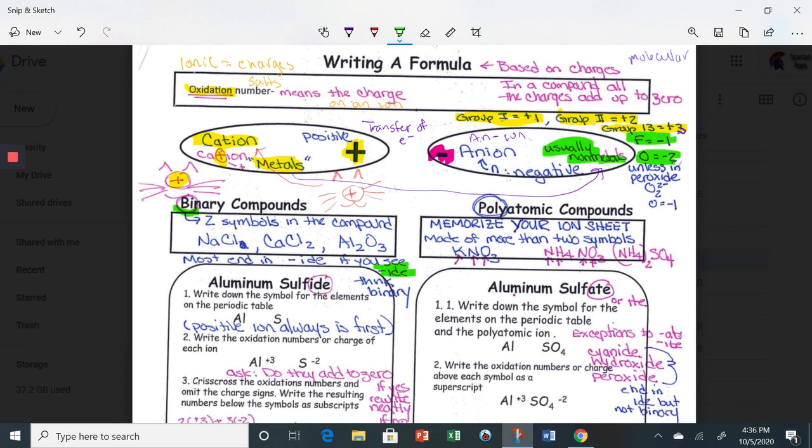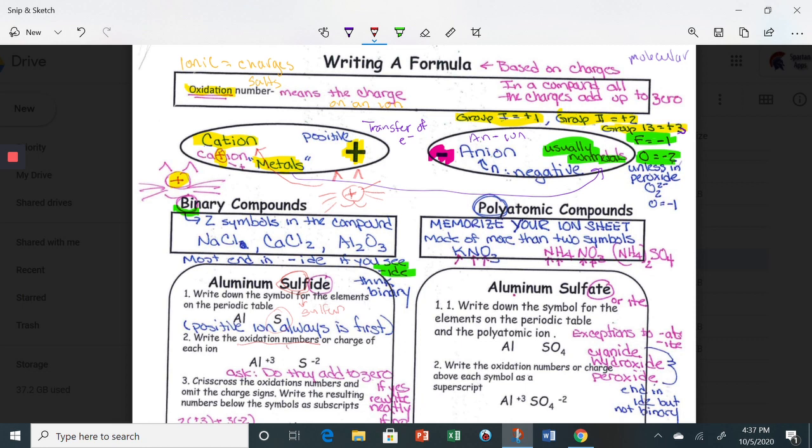Okay, now we look at the second word, sulfide. So I look at the root, which is sulf. Sulf means sulfur. Sulfur is S. So I write the S. Then I go and look at the position on the periodic table to help determine the oxidation number.